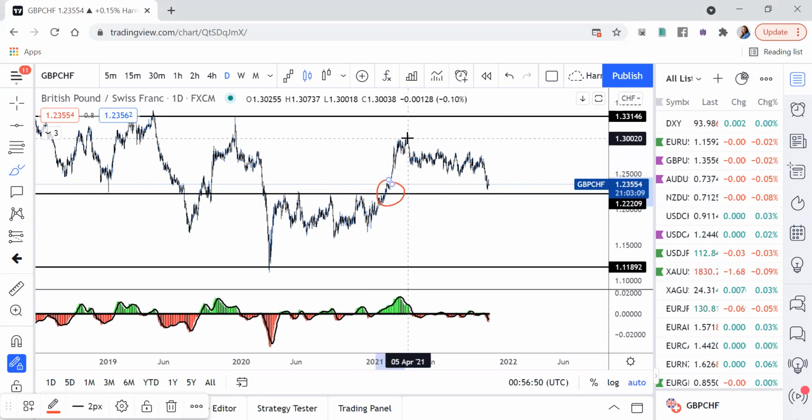Price is coming back to give us the retest, and we're very, very close to that retest zone for structure. Don't forget: break, retest, come down to here, and then we're looking for the market to push up.